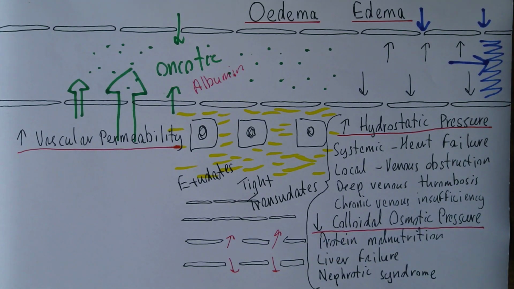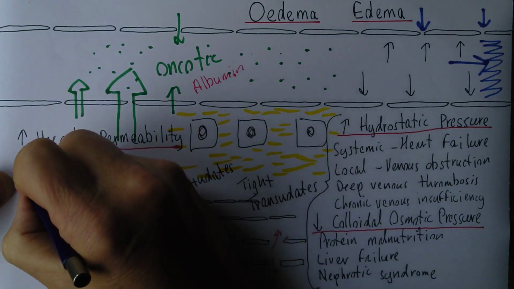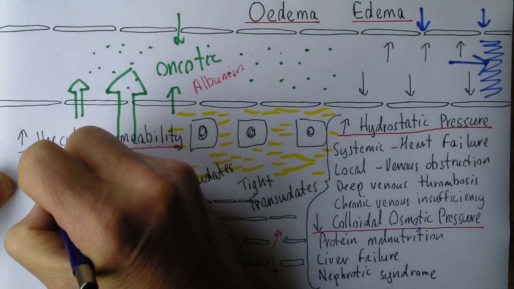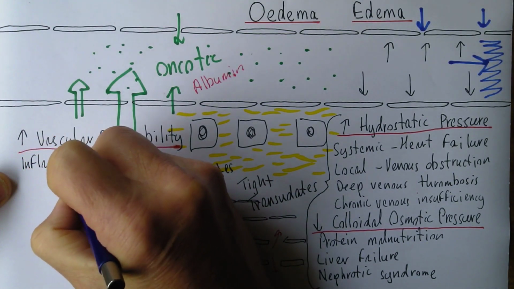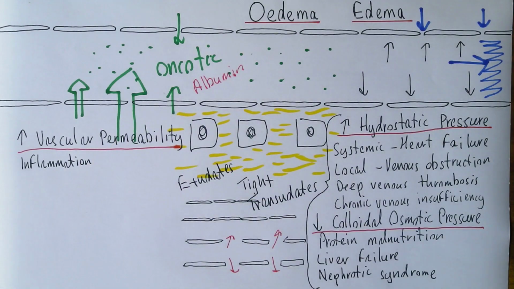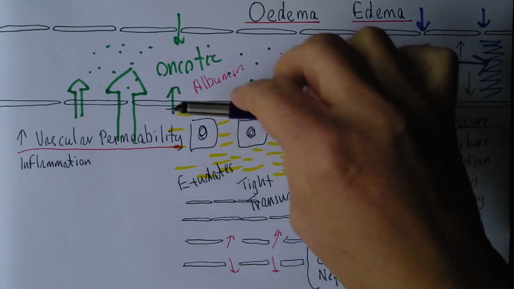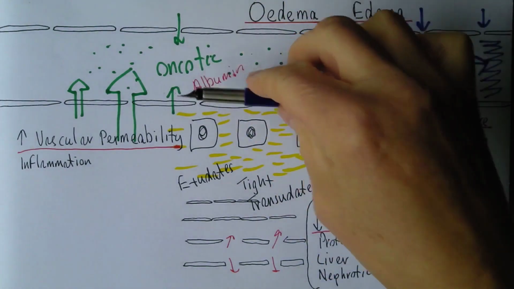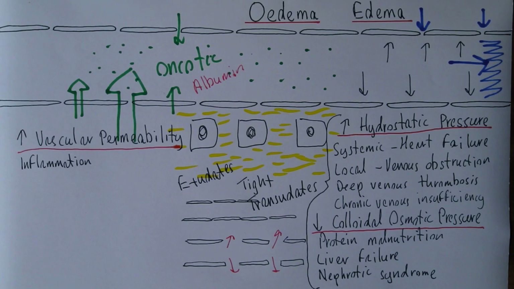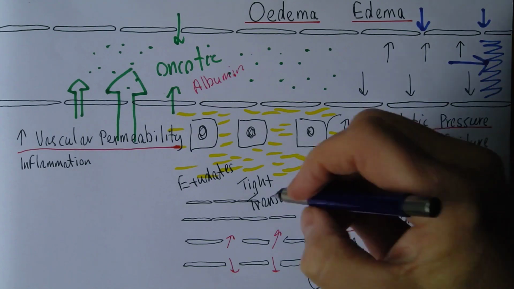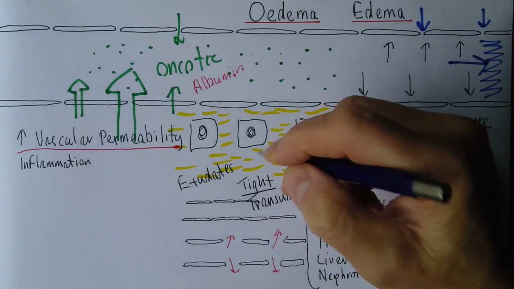So classically, of course, this might be caused by inflammation. So inflammation is going to cause localized vasodilation, increasing the vascular permeability of the capillary. So we could say that the capillary is no longer tight.